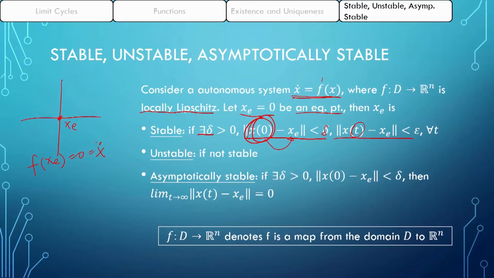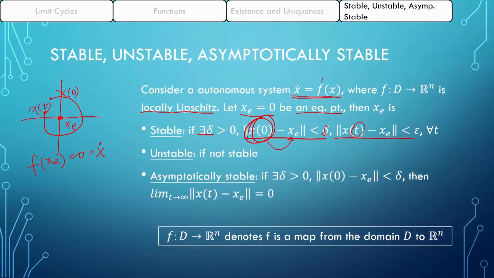So given the equilibrium point, say here, and you have some initial condition x0, maybe the trajectory goes like this, but after some time t, X0 is here, here's xt.